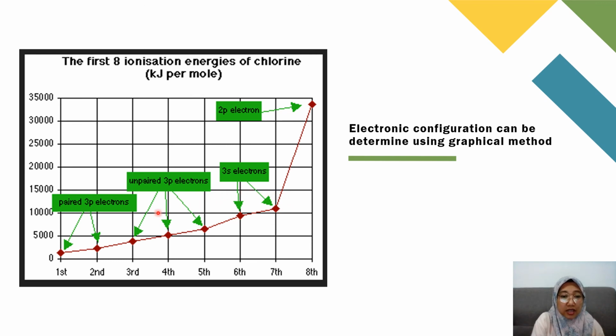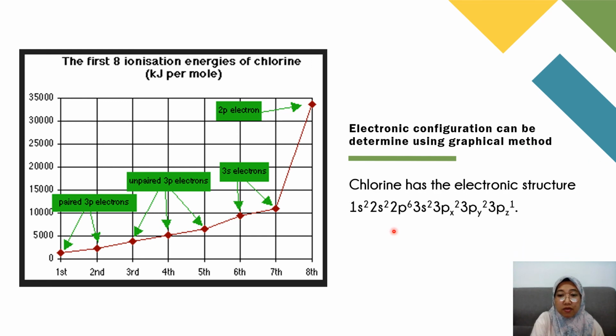This one is from the same shell. Jadi untuk electronic configuration here for chlorine, chlorine has the electronic configuration 1s2, 2s2, 2p6, 3s2, 3p5, jadi dia ada 2, 2, 1 here.